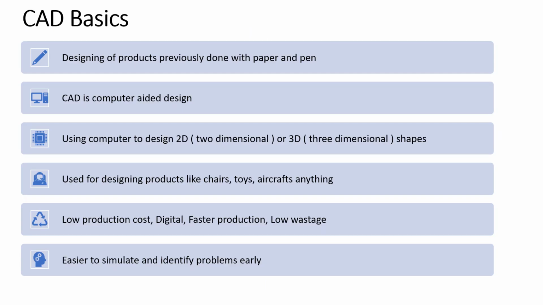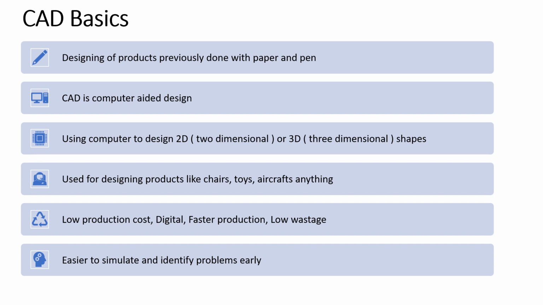So coming to basics of CAD, in the initial times when we did not have computers, people used to design products with paper and pen, mostly as 3D objects, or they would make real shapes as a simulation. Once computers came in, everything was done in computers.